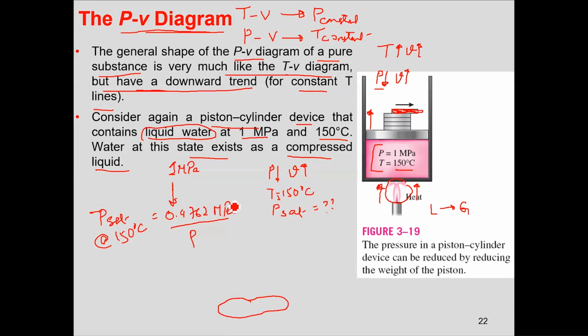So at 0.4762, the transformation from liquid to gaseous phase would continue until all of the liquid converts into saturated vapors, and after that, if you remove any of these blocks, the pressure would decrease and your specific volume would continue to increase. Is this point clear to you?